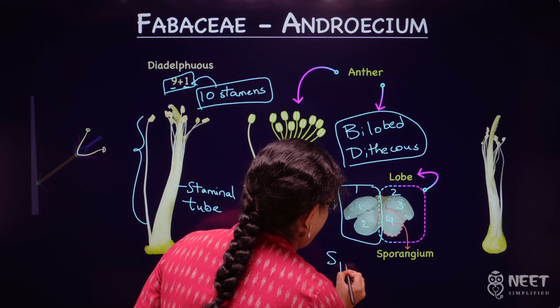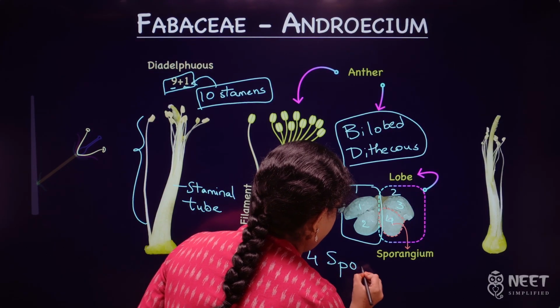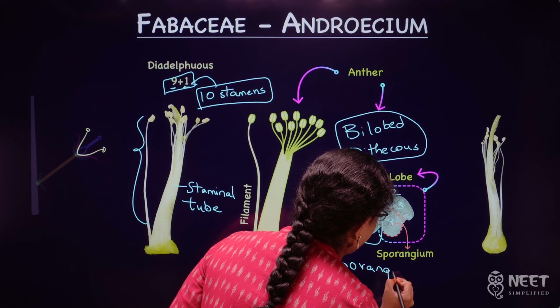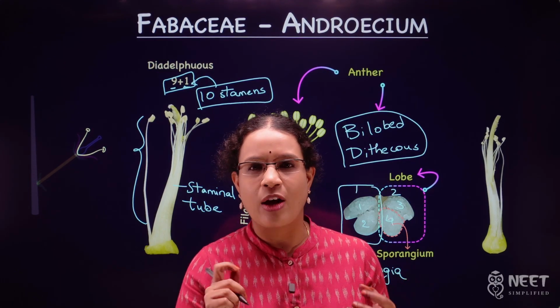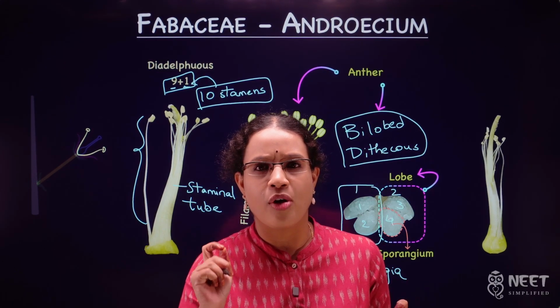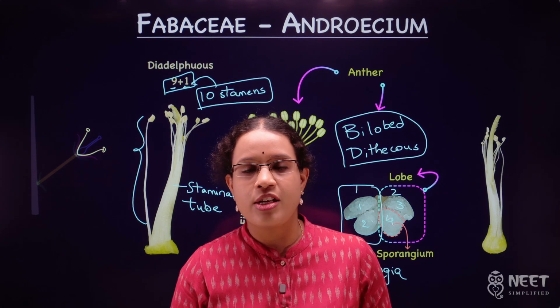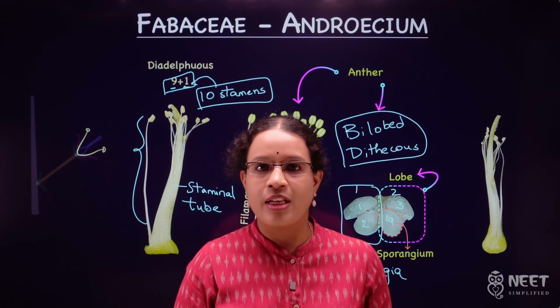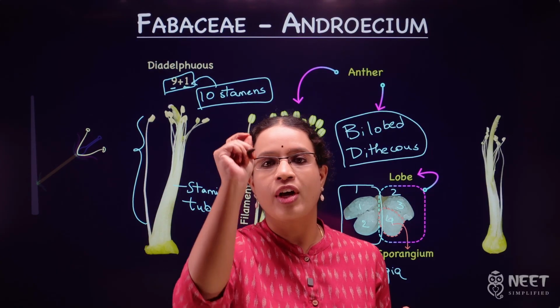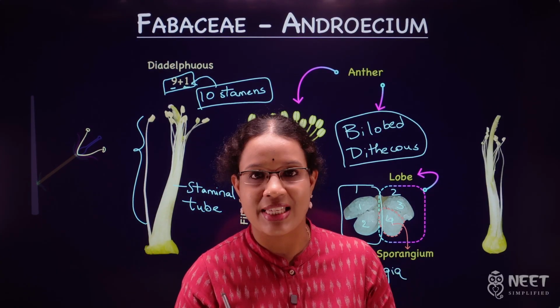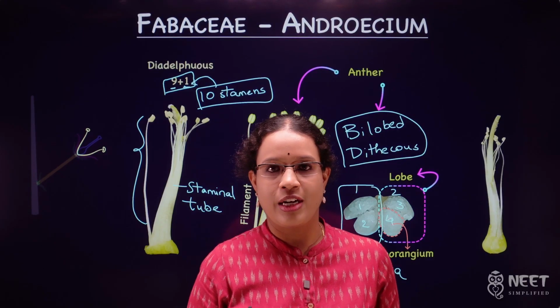So there are 4 sporangia. And we have seen in Malvaceae a very good example of a pen, isn't it? We understood that from the staminal tube, the style of the ovary is also passing without fusing to the staminal tube.